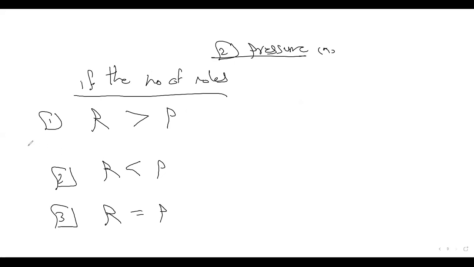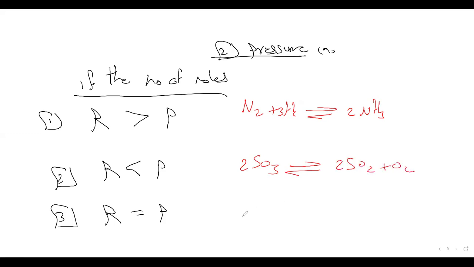For example, if we have N2 plus 3H2 gives 2NH3, 2SO3 gives 2SO2 plus O2, and H2 plus I2 gives 2HI.